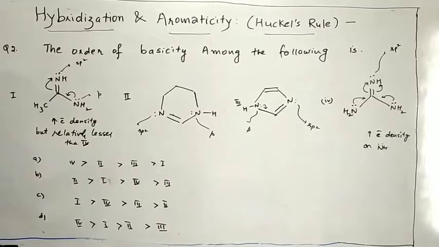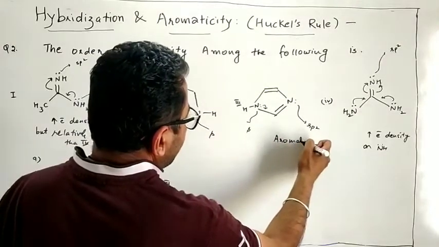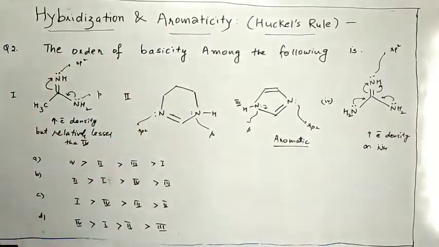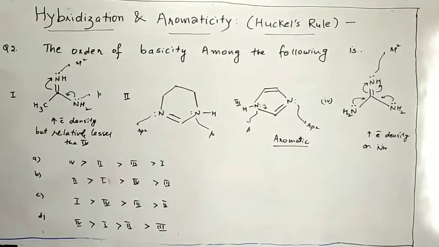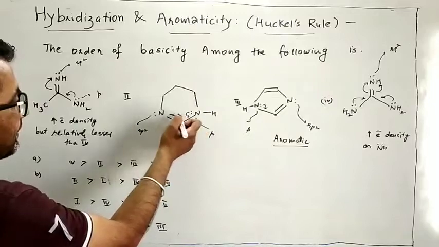Moreover, this compound is aromatic. Aromatic compounds are much more stable as compared to non-aromatic compounds. This compound is non-aromatic. It also gives this lone pair of electrons to this lone pair.